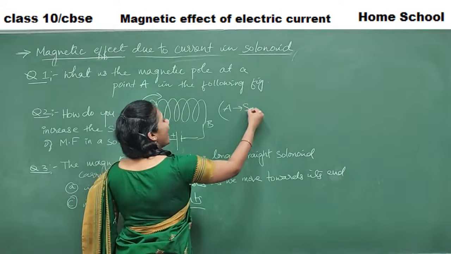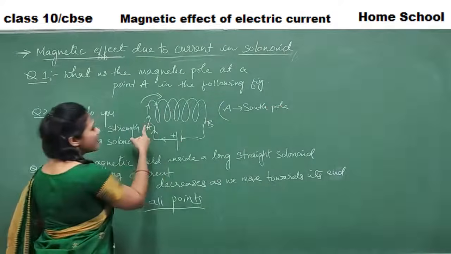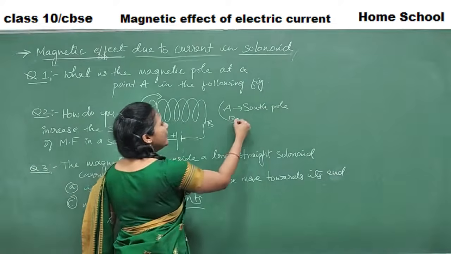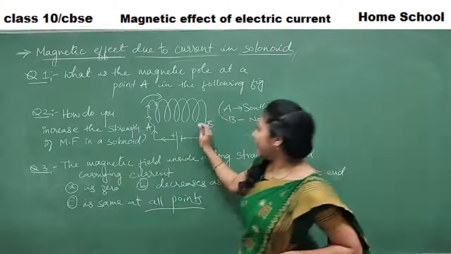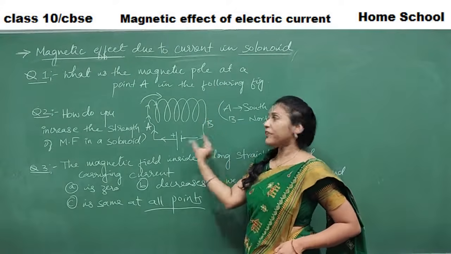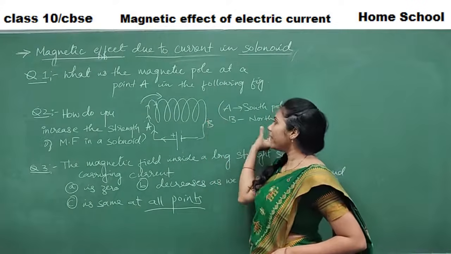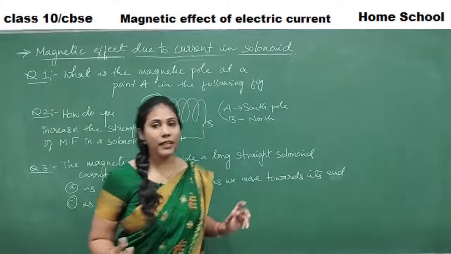Point A will have south pole. If point A is a south pole, the other end is definitely a north pole. And actually, from this side, if I see and visualize, my direction of current looks anti-clockwise. If the direction of current is anti-clockwise, then that particular end is the north pole. Clear? Fine.